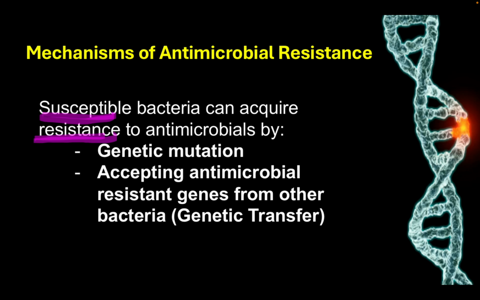So how does a bacterium acquire resistance? Number one, through genetic mutation. I know you are aware of this already. Number two, accepting antimicrobial resistance genes from other bacteria, which is what we generally call genetic transfer.